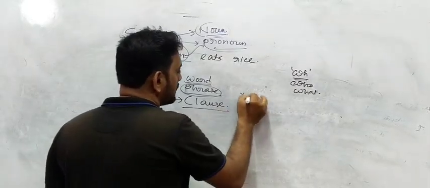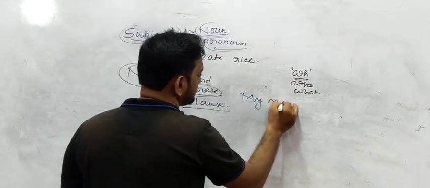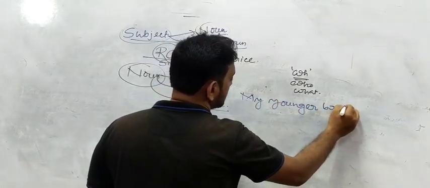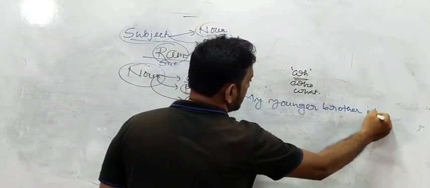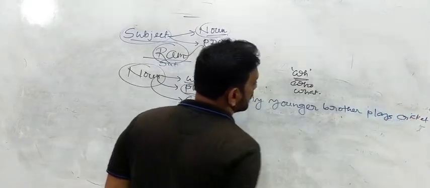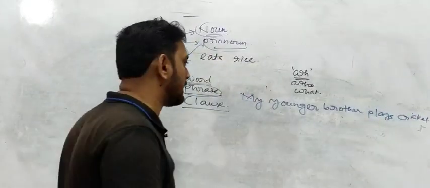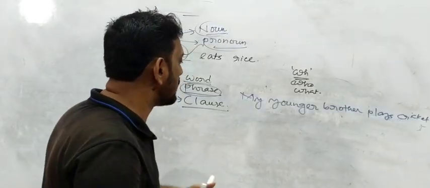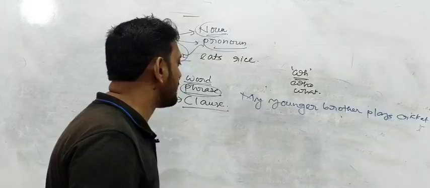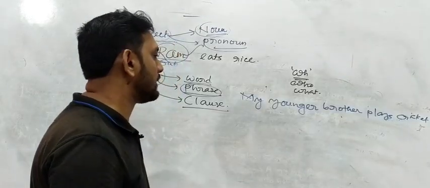Let me write, my younger brother plays cricket. Okay, my younger brother plays cricket. Now I would like to make you understand this thing. What I have written over here, my friend: my younger brother plays cricket.